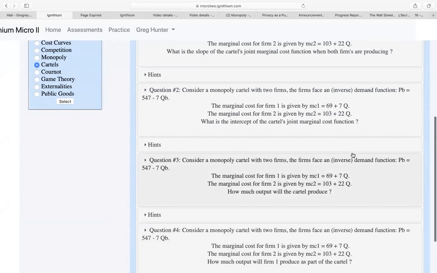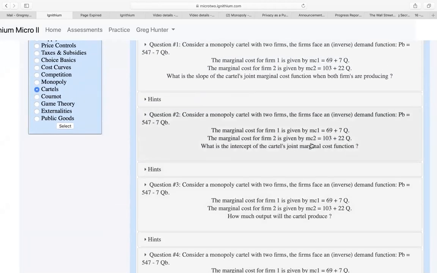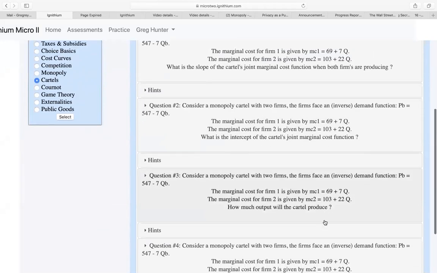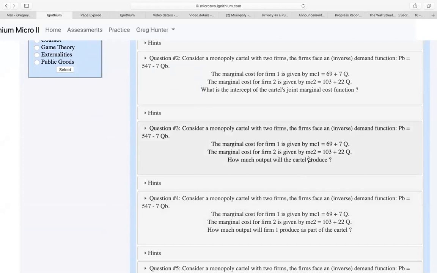Well, look at these other problems. You have the joint marginal cost function, so you can begin labeling everything in that one diagram. And then you have, how much output will the cartel produce? From this question, because you said you're okay up to question 3, right? Mm-hmm. To this question, you'll know what that equilibrium level of marginal revenue is that we referenced in the diagram. Yeah.